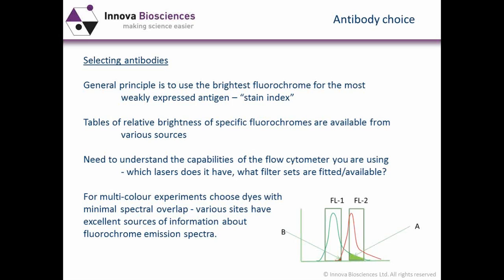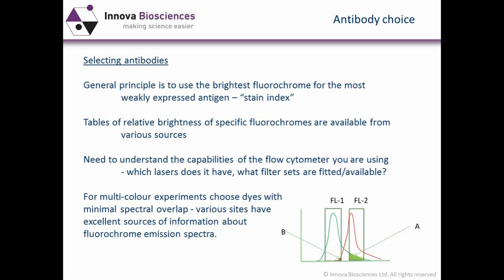Effectively, markers such as phycoerythrin are known to be very bright. Markers such as fluorescein are less bright when staining the same antigen, and I'll show you an example of this right at the end of the webinar today. As well as brightness, you need to understand the capabilities of the flow cytometer you are using.